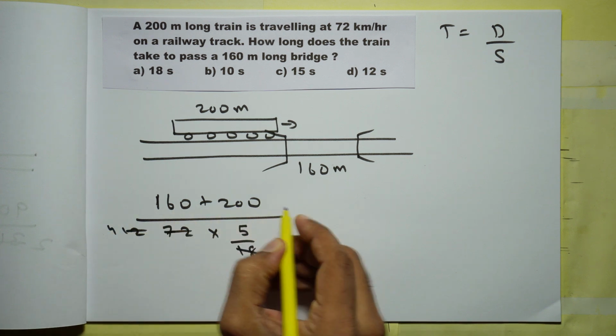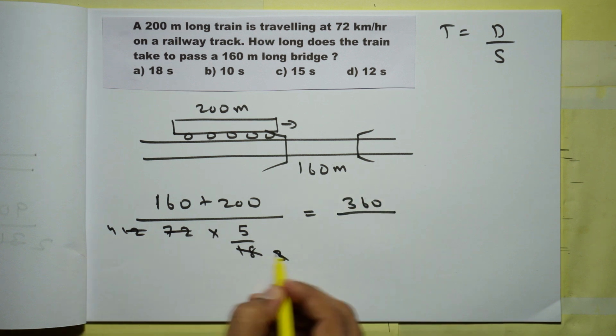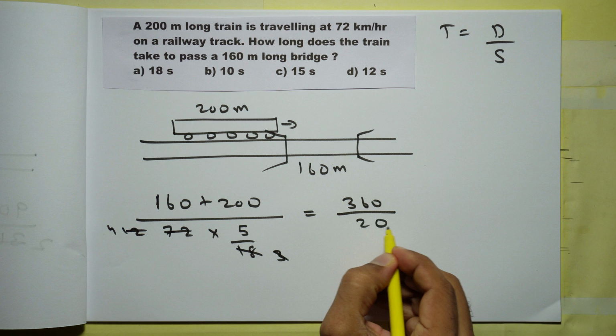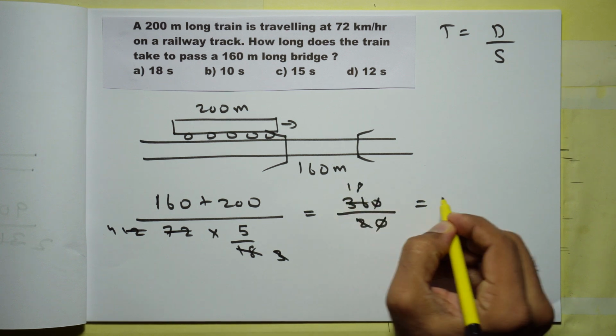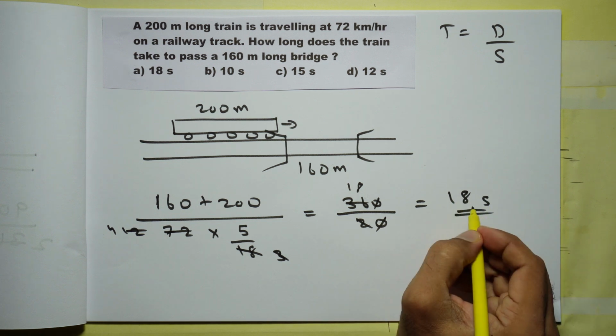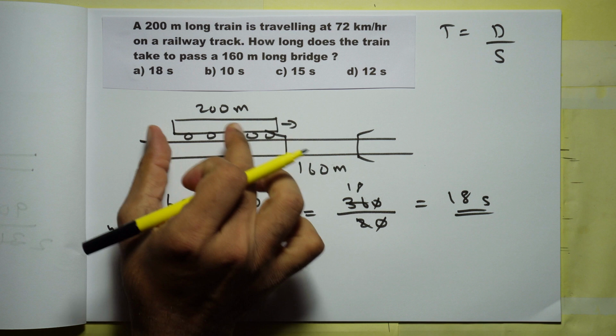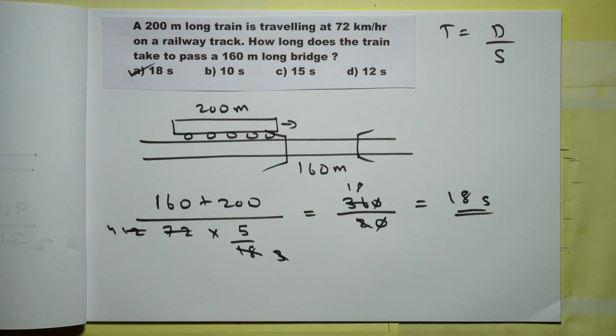So 160 plus 200 is 360, by 4 into 5, that is 20. 20 divides 18 times, so you will get the final answer as 18 seconds. So 18 seconds is required for the train to completely pass this bridge. So option A, 18 seconds.